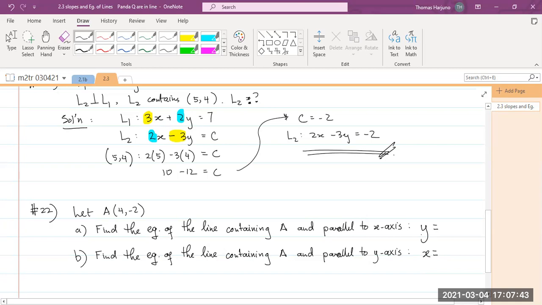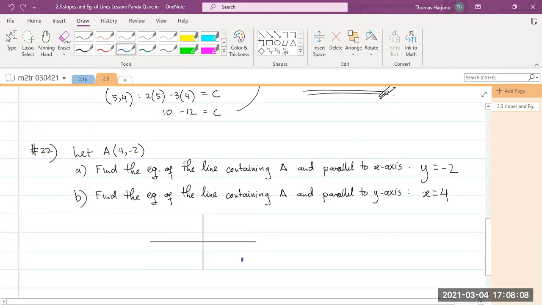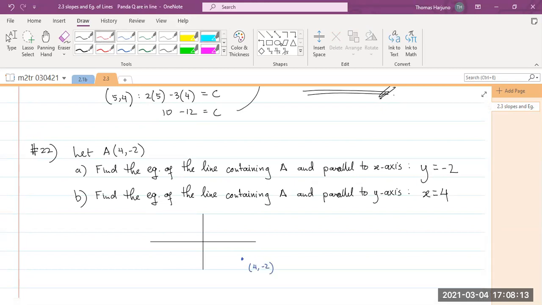Now the thing is, equals what? Then just look at that coordinate. Y equals what? What is the y component of that coordinate? -2. What is the x component of that coordinate? 4. So if you have the coordinate 4, comma, -2, then the line parallel to the x-axis must be y equals -2.